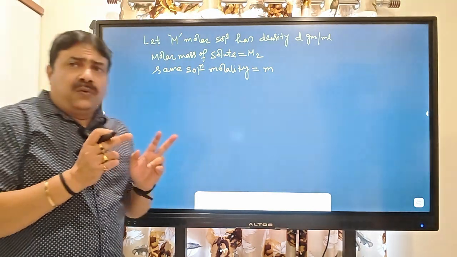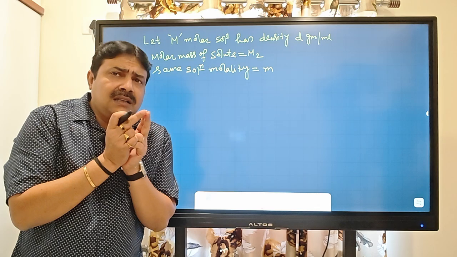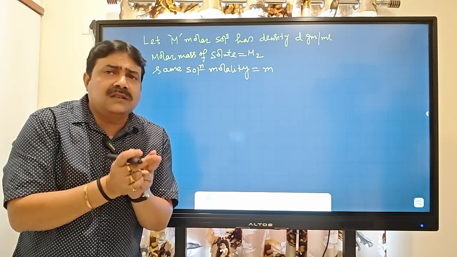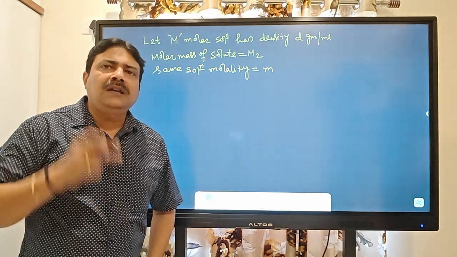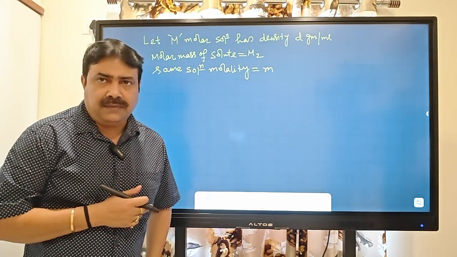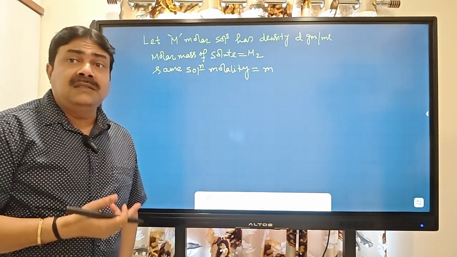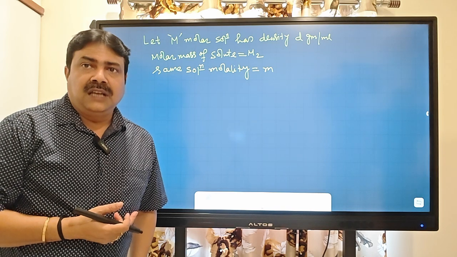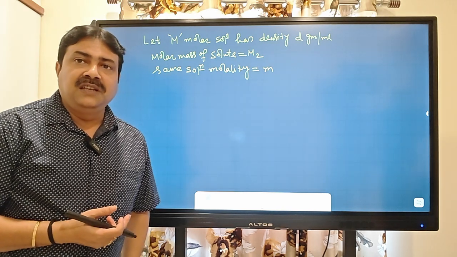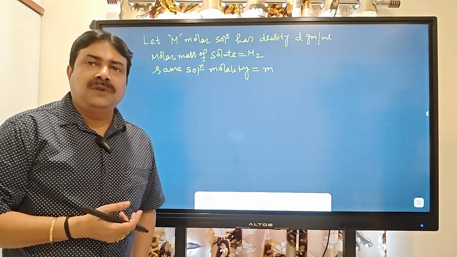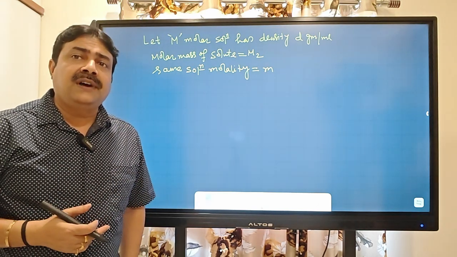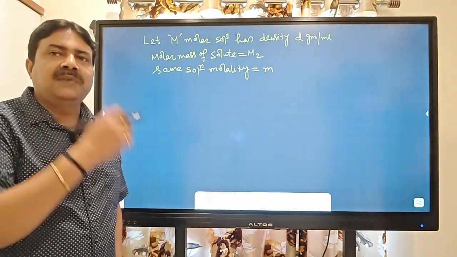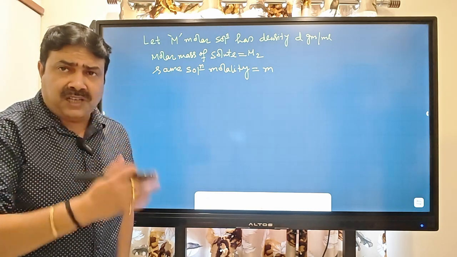Whenever they are giving conversion of molarity to molality or molality to molarity, by default they have to give the density data. Why? Because molarity means a volume term is associated, whereas molality means the mass of solvent is associated, and volume and mass are connected via only one common term, that is nothing but density, because density equals mass by volume.